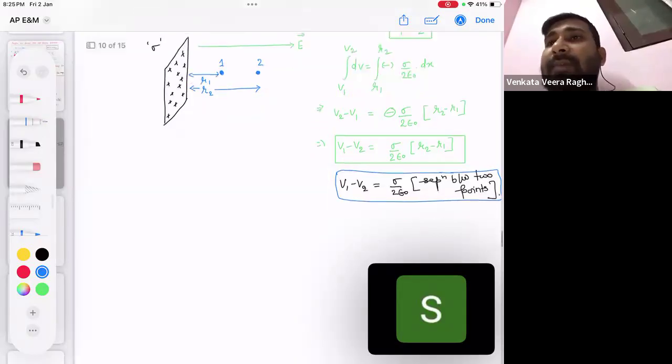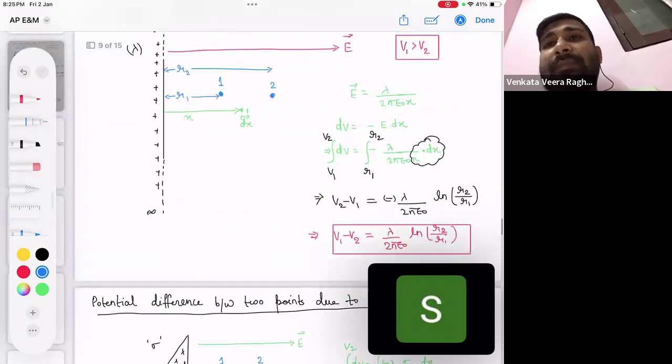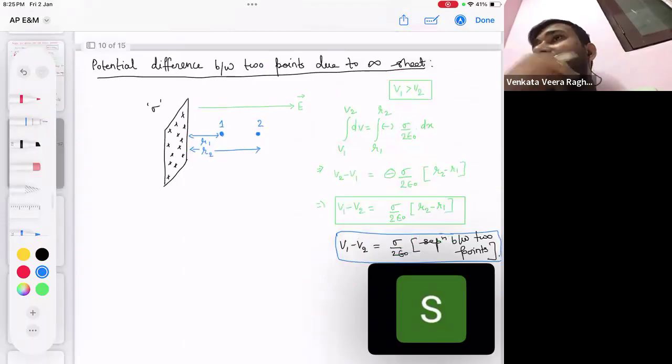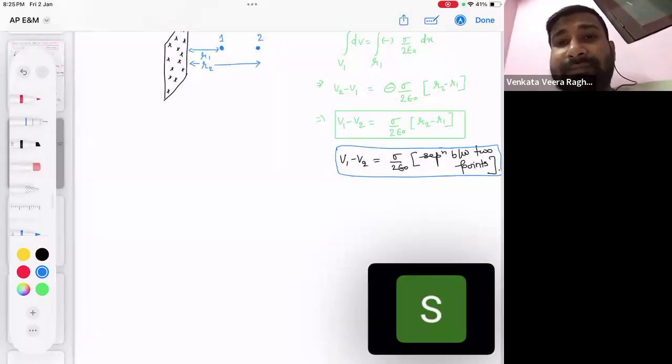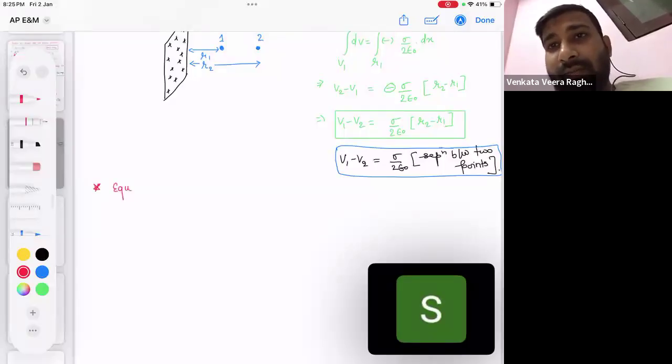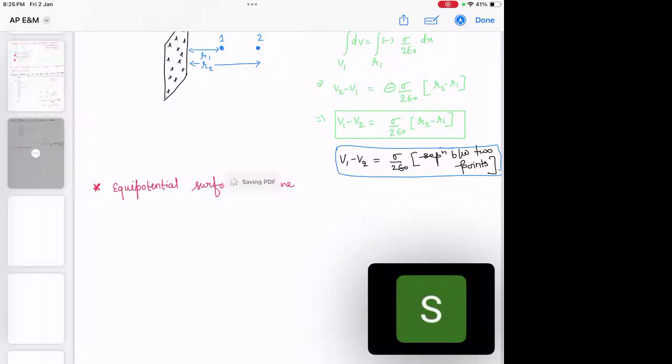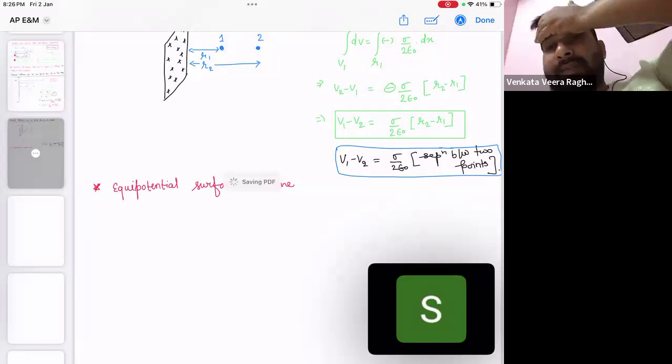Now, sometimes we have to consider an equipotential surface, or an equipotential line. Can you tell me what it means by an equipotential surface or equipotential line?